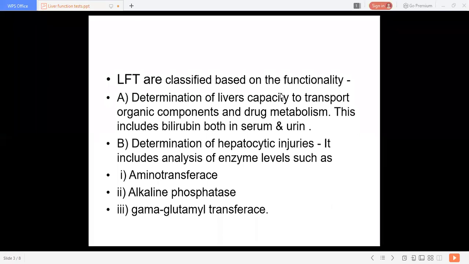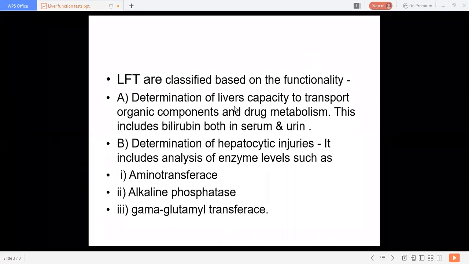So these enzymes evaluate the injury to the liver. How much injury, and whether it is curable or incurable, all these things we can evaluate by studying these enzyme levels, aminotransferase, alkaline phosphatase, and gamma glutamyl transferase.